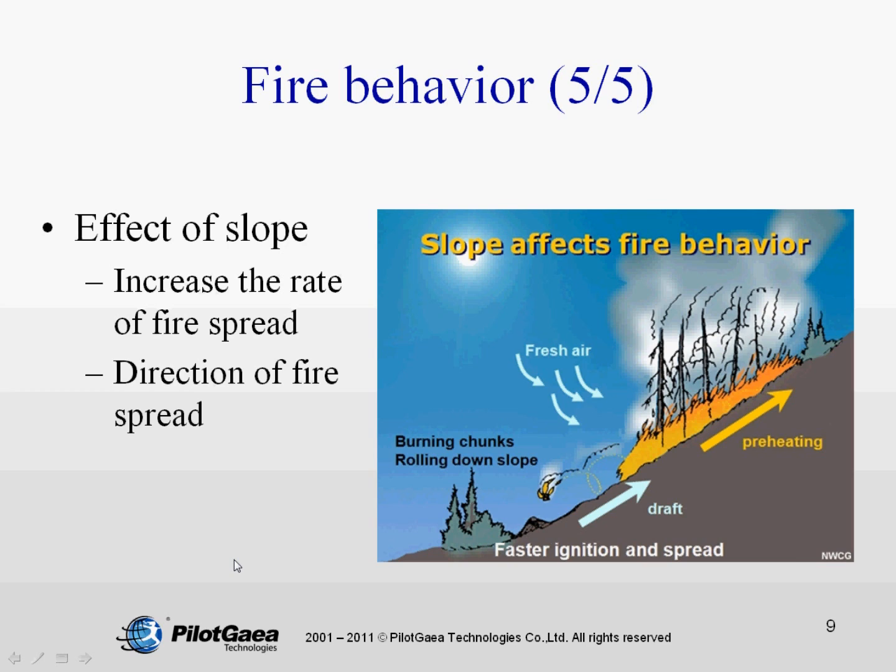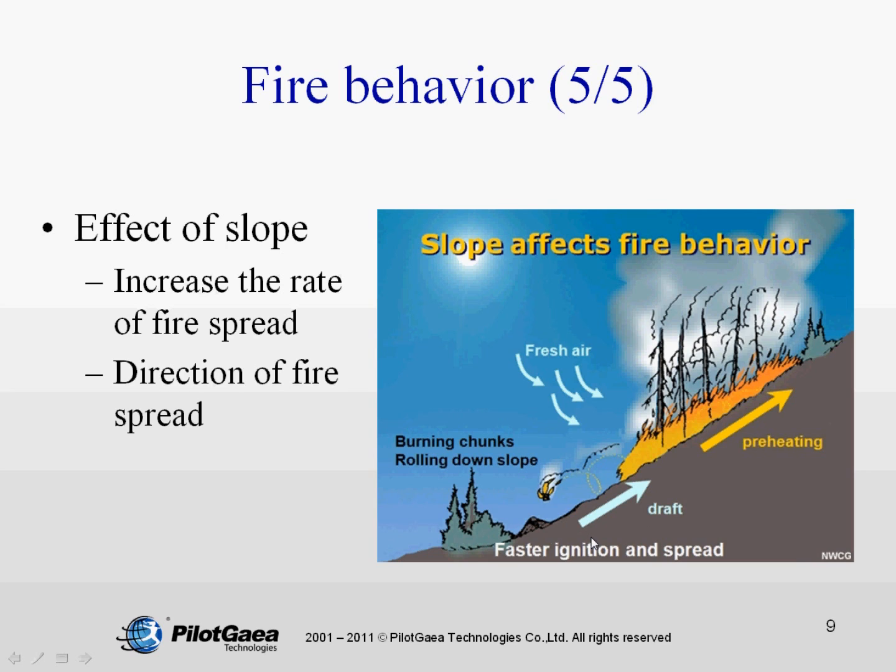Another factor is the slope. The research shows that the slope has much effect on the fire spread. The main effect is that the spread rates to the top and to the bottom are different.